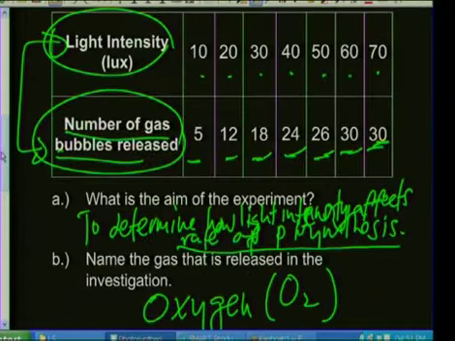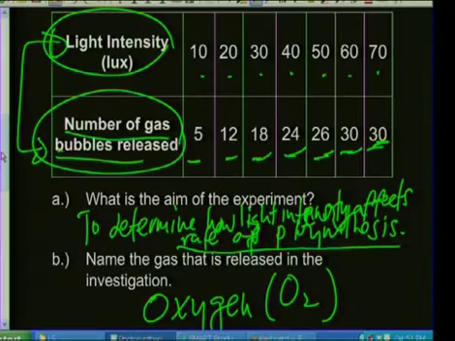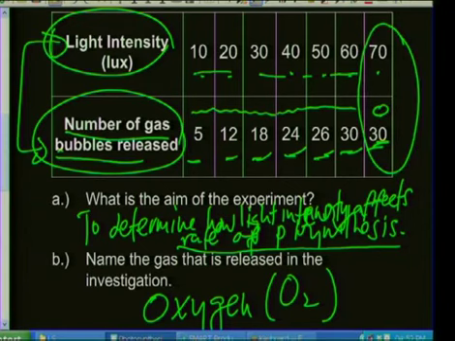I love those questions. I told you, when you answer any question with relationship, you start with "as." So what happens here? As the light intensity increased from 10 to 60, the number of gas bubbles also increased. Thereafter, it remained the same. So let's write that down.